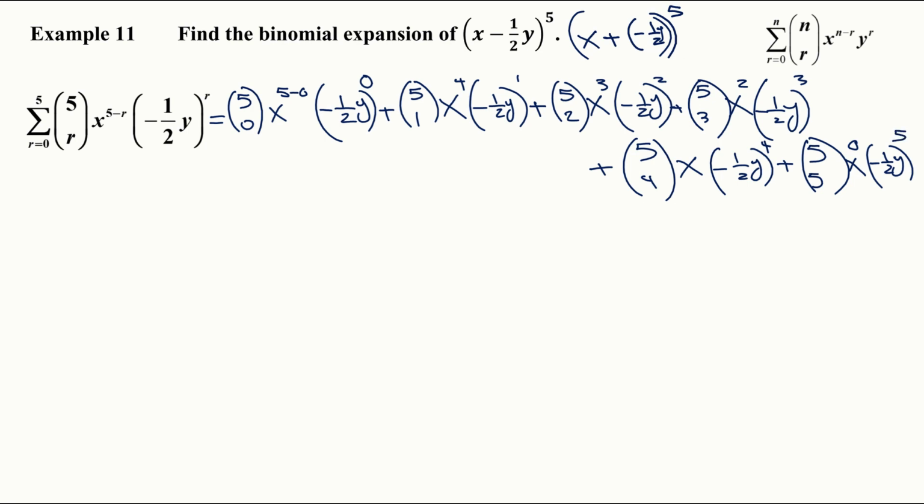Now it pays to go through and make sure that we haven't made any quick errors. So 5 choose 0, x to the 5 minus 0 times negative 1/2 y to the 0, plus 5 choose 1, x to the 5 minus 1, which is 4, negative 1/2 y to the 1, which is correct, plus 5 choose 2, x to the 5 minus 2, which is 3, times negative 1/2 y to the power of 2, plus 5 choose 3, x to the 5 minus 3, which is 2, times quantity negative 1/2 y to the power of 3, which is r, 5 choose 4, x to the power of 5 minus 4 times negative 1/2 y to the power of 4, which is r, plus 5 choose 5, x to the 5 minus 5, which is 0, times negative 1/2 y to the power of 5, which is r.